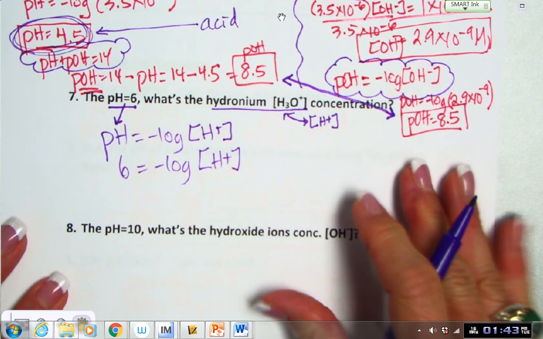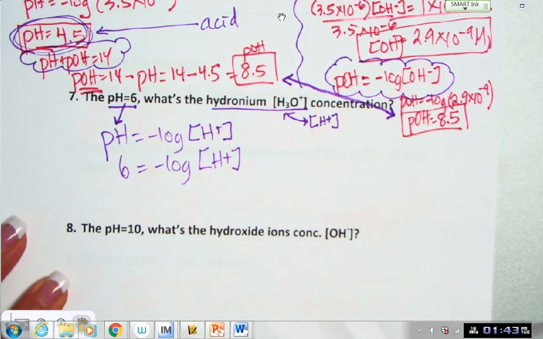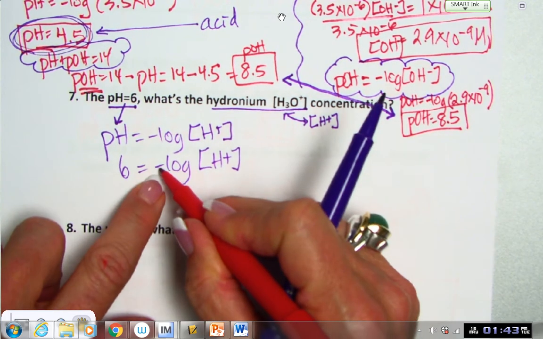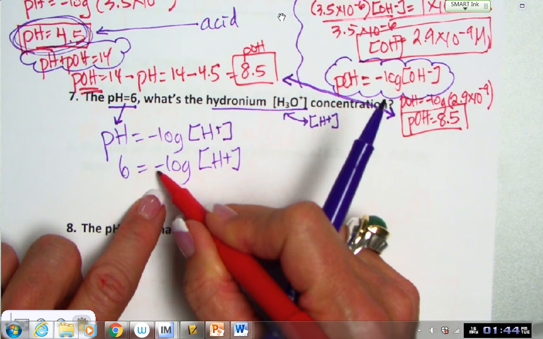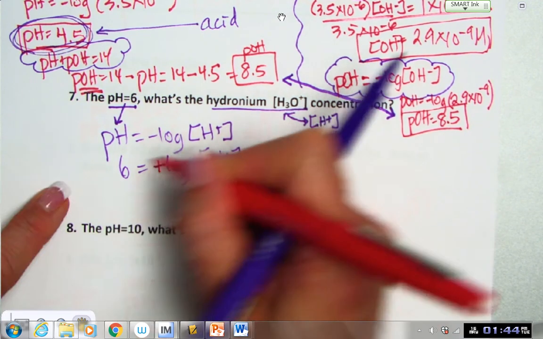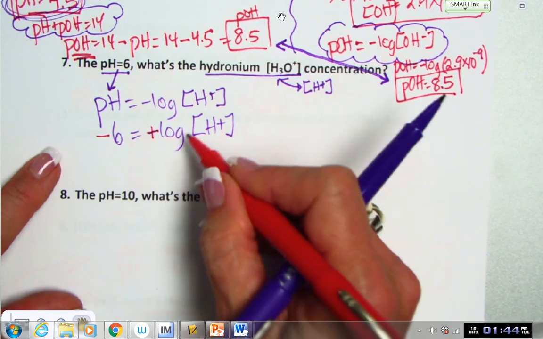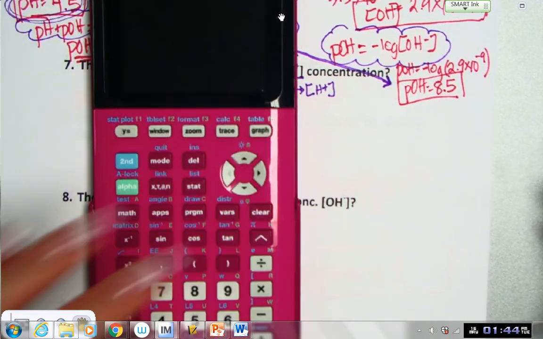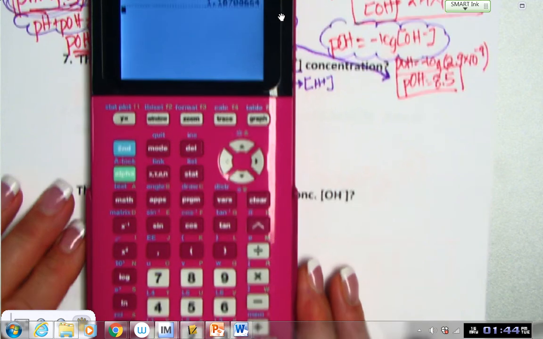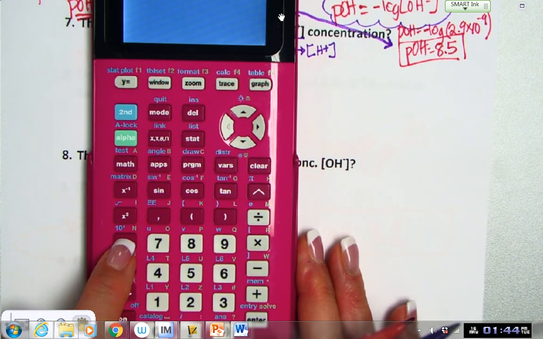All right. Now we have to isolate our variable, which is X here or H plus. So the first thing you've got to do, class, is to move that negative sign over. So we're going to divide both sides by negative 1, which is going to make this side positive and this side negative. Now we can move the log over. Now, the opposite of log is antilog. So if you look on your calculator, your log base 10 button here, right above it is 10 to the x.